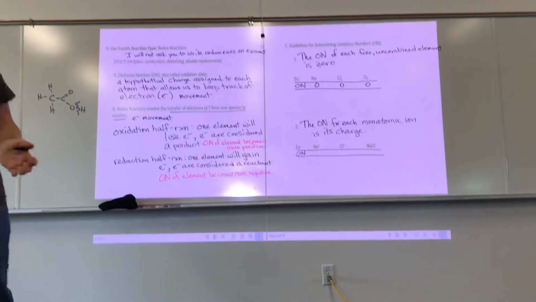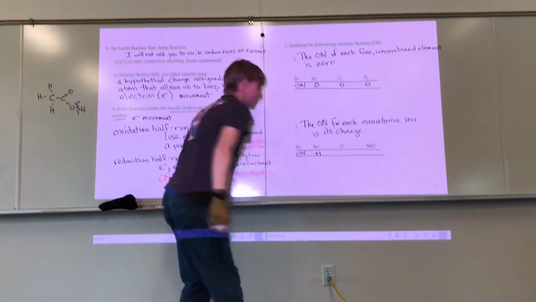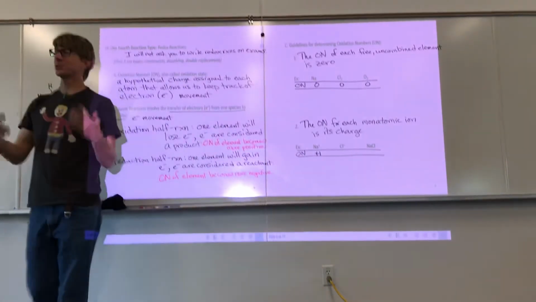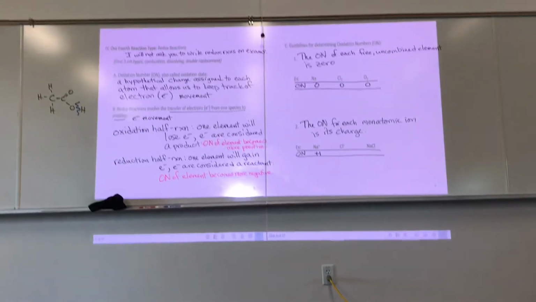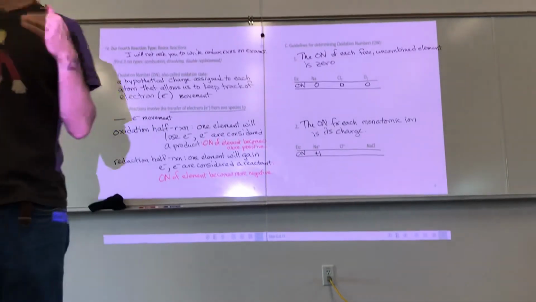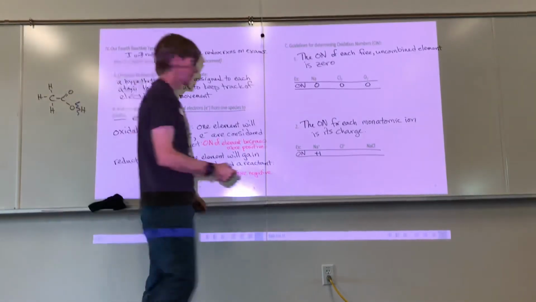Sodium plus, its charge is +1, its oxidation number is +1. And I'm not picky about it. If you just wrote plus there, or if you just wrote 1, those are fine indications of +1 for me. I typically, because I want to stay organized, put the number and whether it's positive or negative.